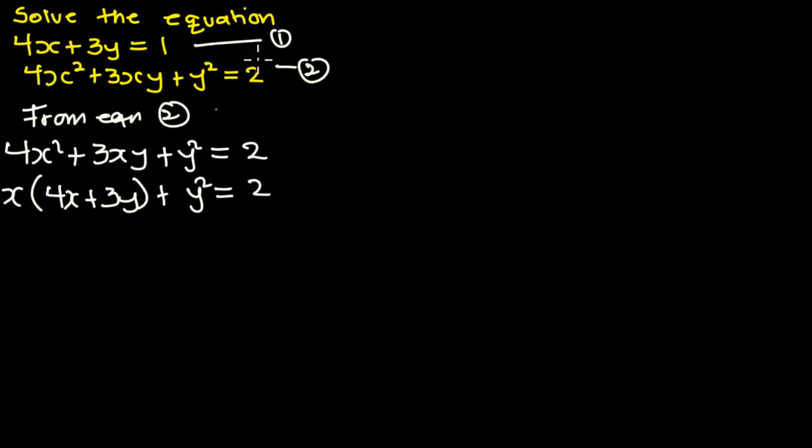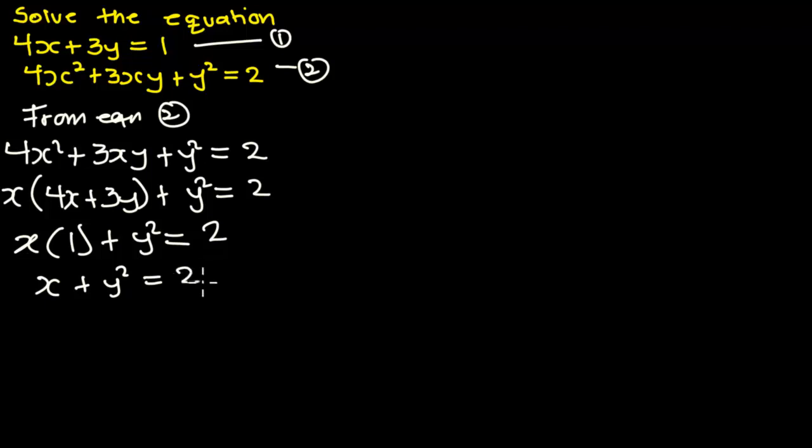From equation 1, we can see that 4x plus 3y is equal to 1. So in place of 4x plus 3y, we write 1, giving x multiplying 1 plus y squared is equal to 2. And so we have x plus y squared is equal to 2.